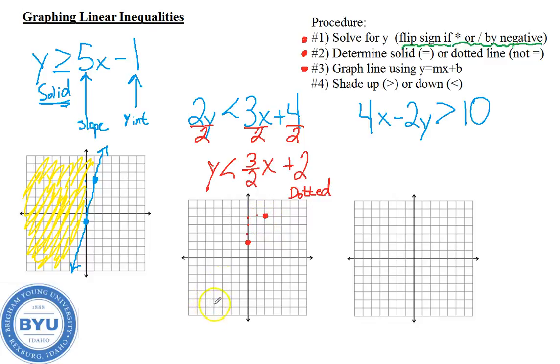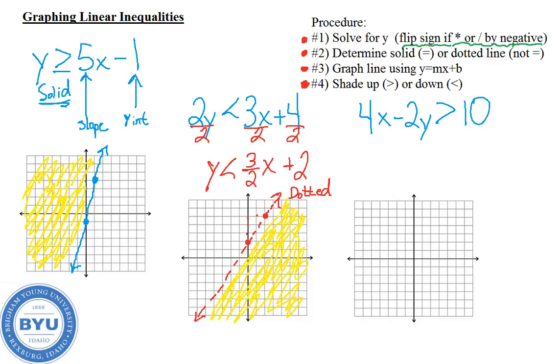I'm using a dotted line here to graph this inequality. And because it's less than, we shade down. We shade below the line. So on this one, we're dotted and below.